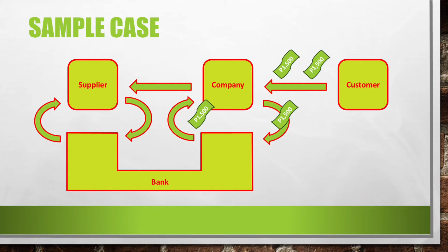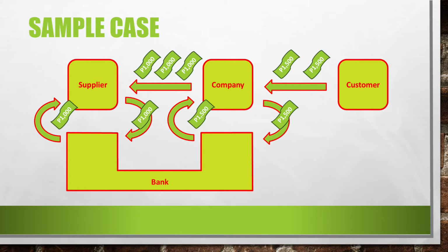Disbursement float. The daily disbursement is 1,000. If this is the first time the company sends the check, it will take 1, 2, 3, 4, 5, a total of 5 days before it will reach the supplier's bank account. If this continues perpetually, there will always be 5 days of 1,000 that was sent by the company but not yet credited to the bank account.